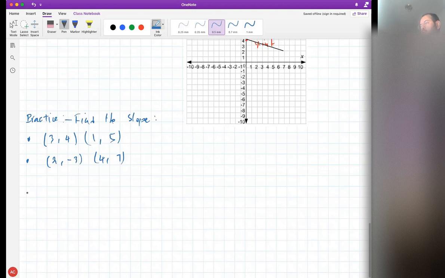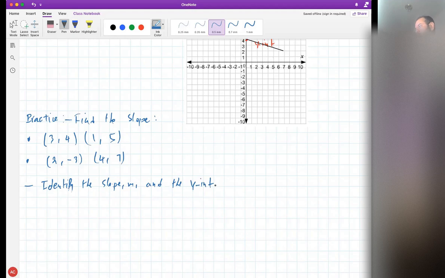The second question would be: identify the slope M, and the y-intercept.